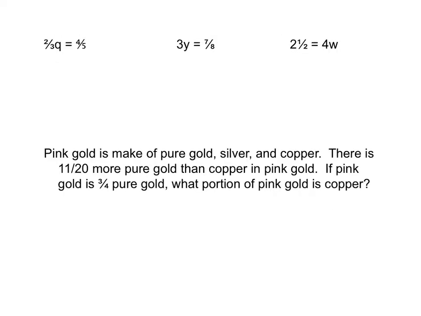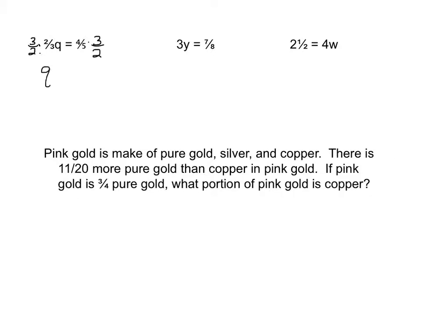So let's look at some more examples. If we have 2/3 times q equals 4/5, we are going to want to undo multiplication, which means we're going to divide both sides by 2/3. Remember, when we divide by a fraction, we're actually going to multiply by the reciprocal. So that's what I'm just going to do on both sides.